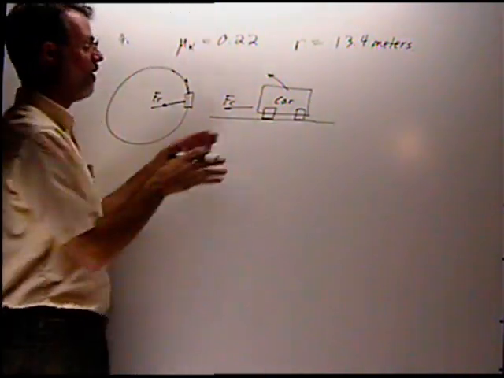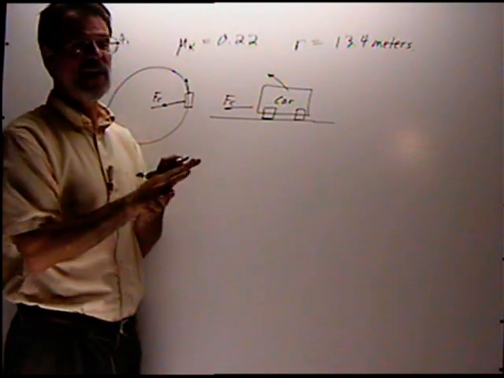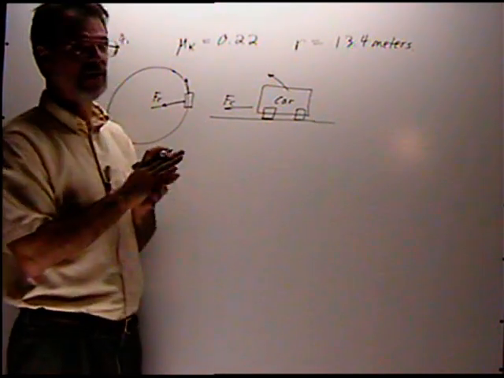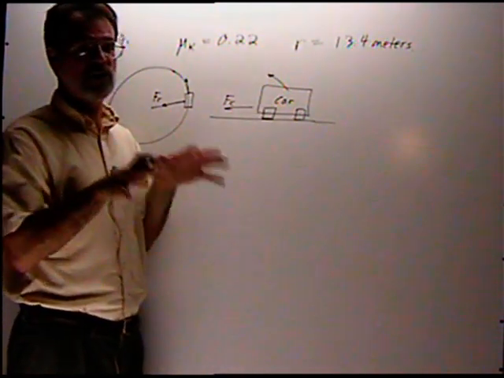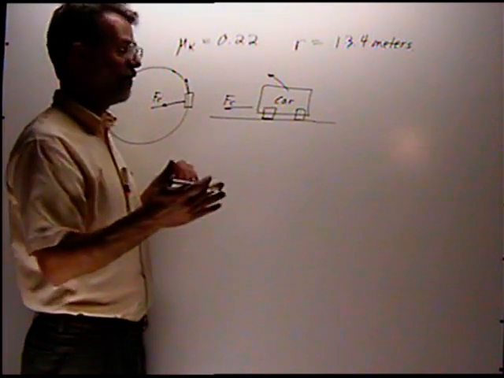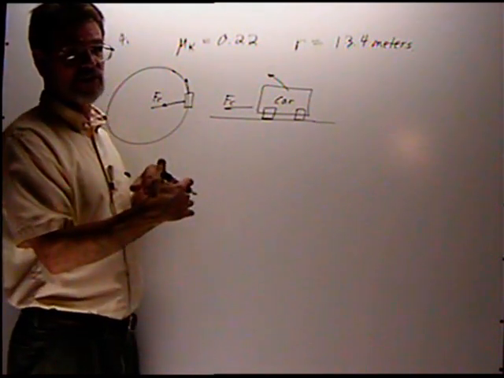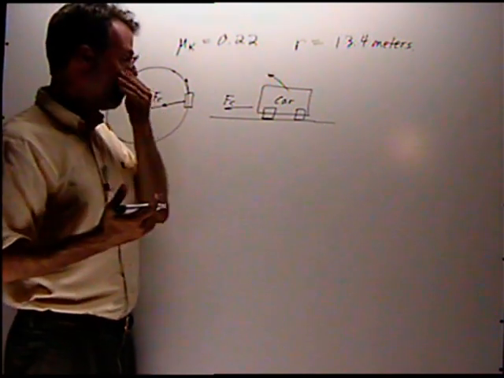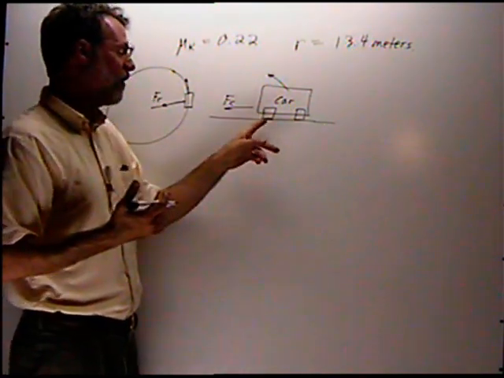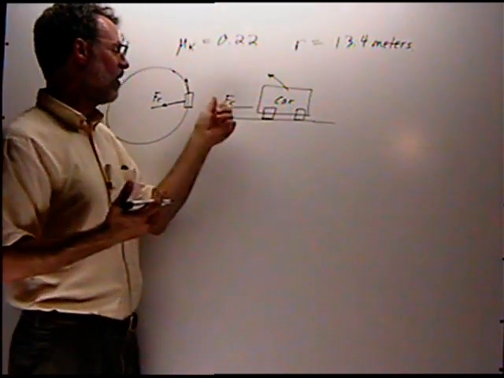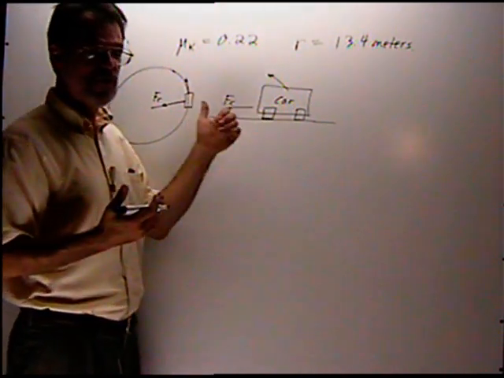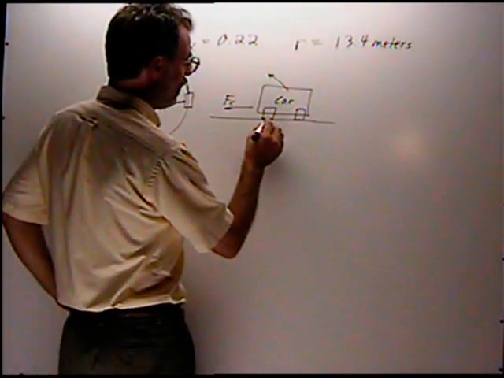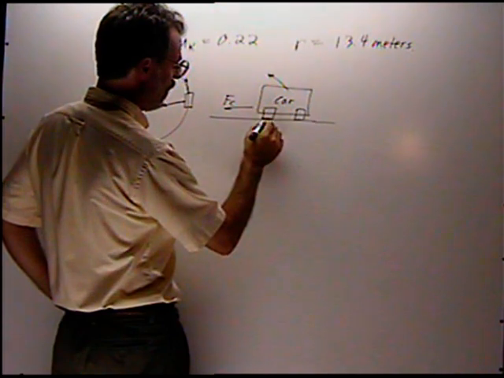If this road was pure ice, with absolutely no friction or very little friction at all, the car wheels could not grab the road, and you would not be able to turn, because no frictional force can be turned into centripetal force toward the center. So basically, it's the frictional force here.